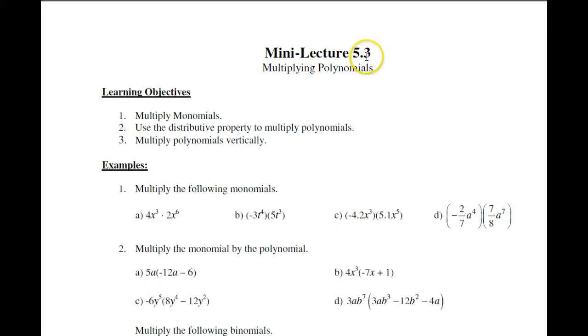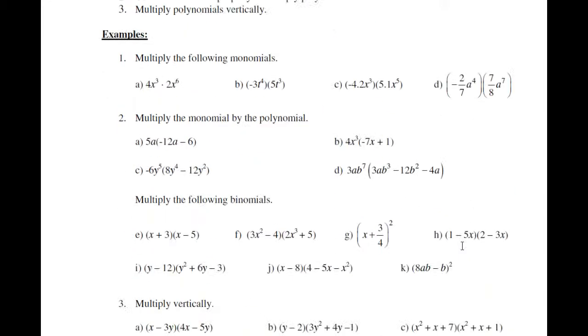In topic 3 of chapter 5, we're going to be multiplying polynomials. And again, various techniques of what we've done before will be pulled together. So we'll get started here.